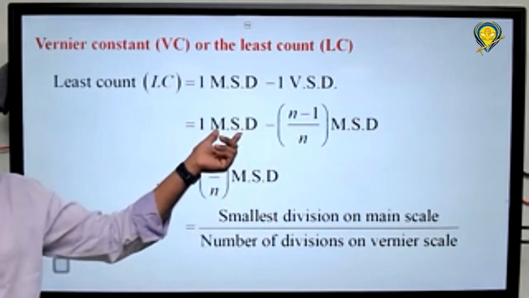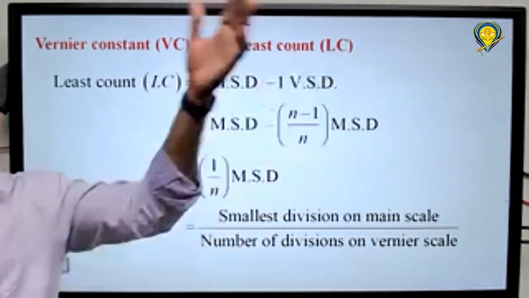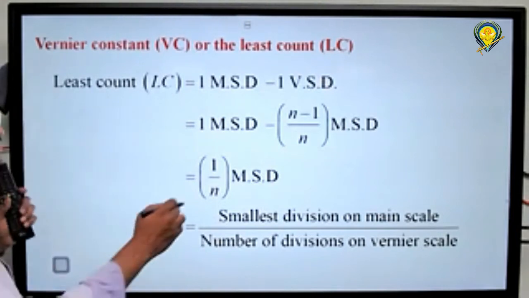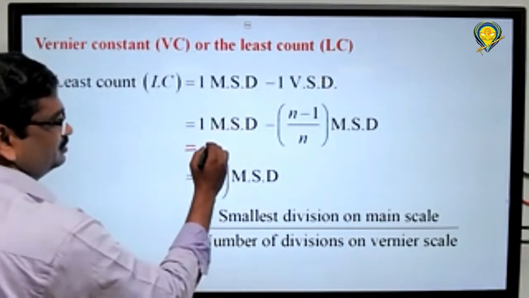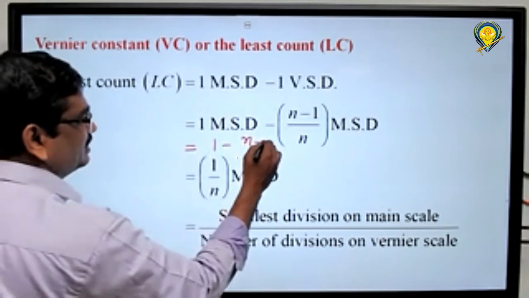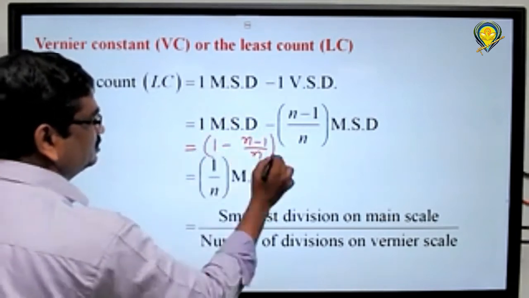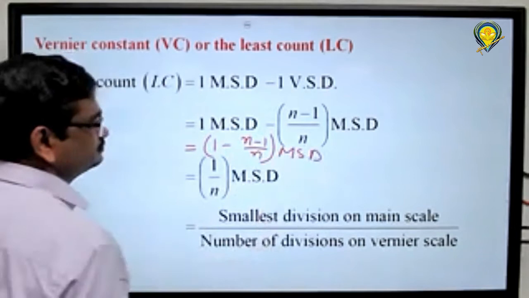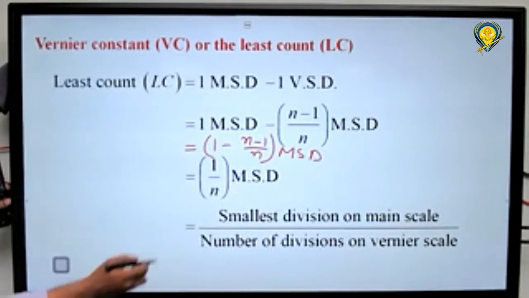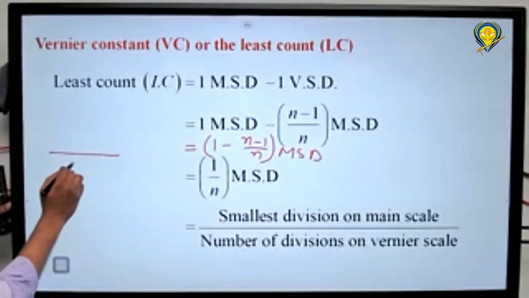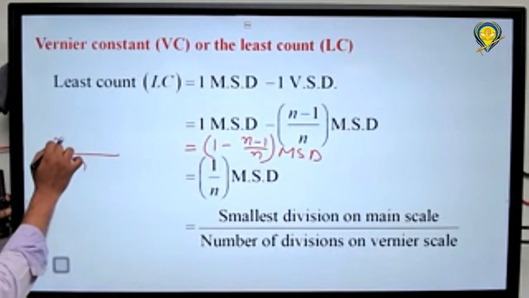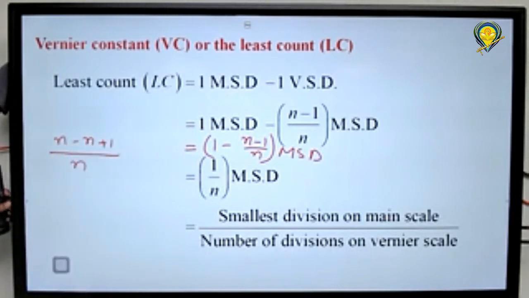Now, take one main scale division as common. Then you will get 1 minus n minus 1 by n into main scale division. Can I write like this? Now, what is the LCM for this? n is the LCM. So n minus n plus 1, n and n get cancelled out.